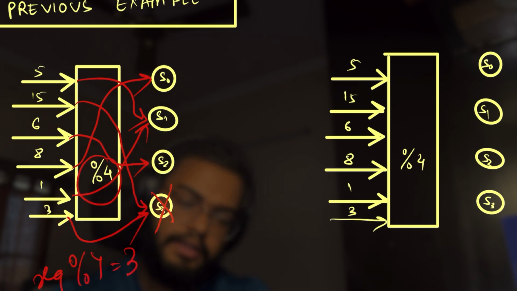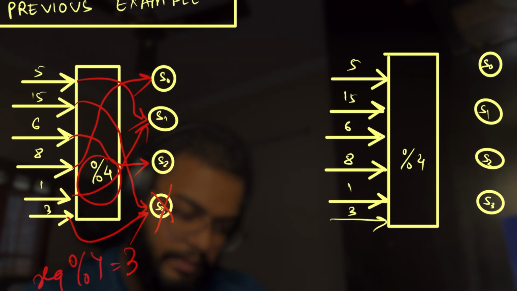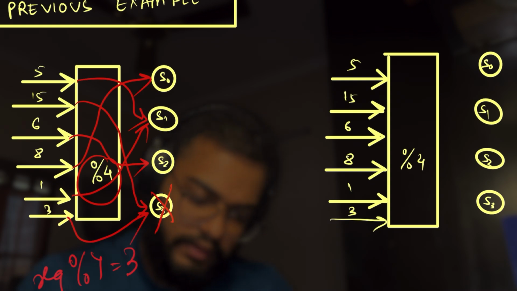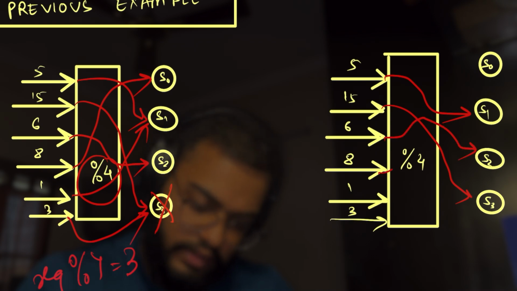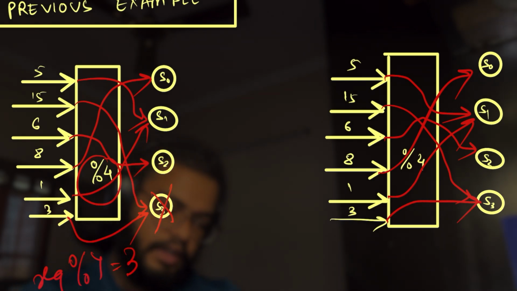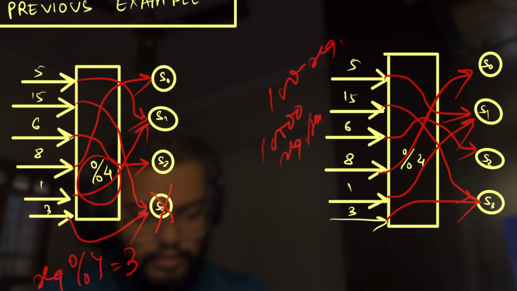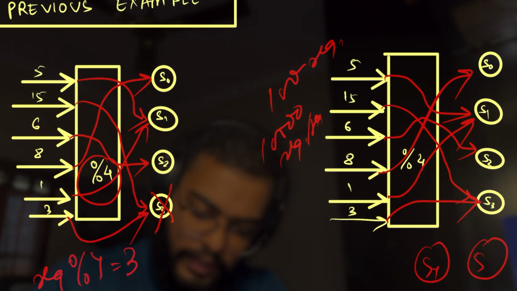This is one drawback. Now let's say we have another drawback. Again, let me map this: 5 would go to 1, 15 would go to 3, 6 would be 2, 8 would be 0, 1 would be 1, 3 would be 3. Let's say our traffic increased suddenly from 100 requests to 10,000 requests per second. We decide to add 2 more servers, S4 and S5.